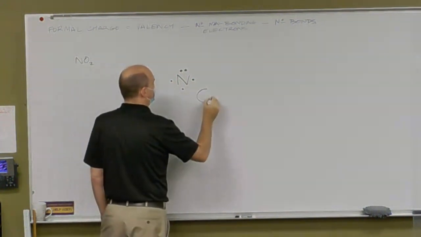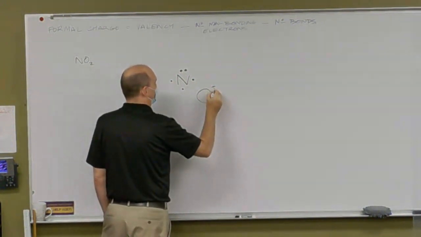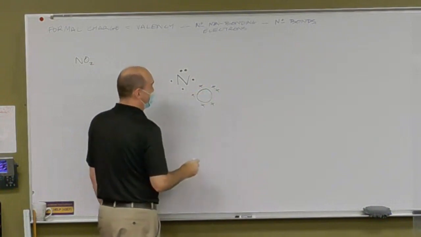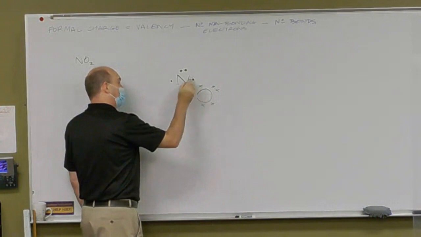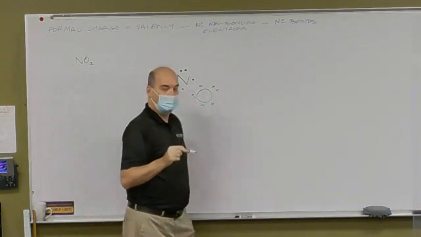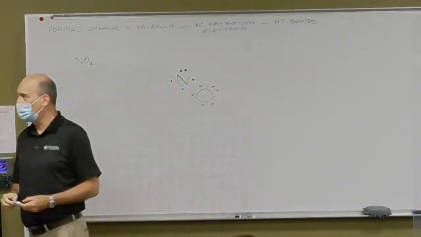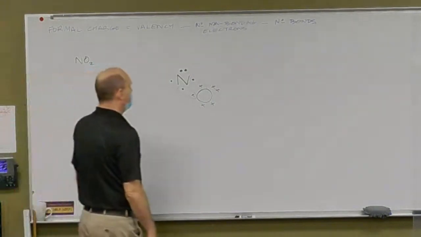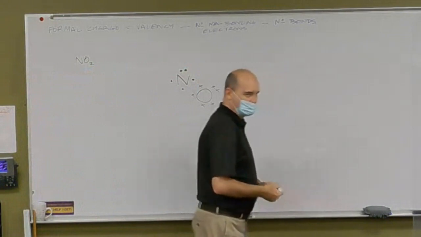Oxygen has 1, 2, 3, 4, 5, 6 electrons. So right off the bat, we can see that if we make a double bond between one of the oxygens and the nitrogen, then that oxygen gets to have 8 electrons. So that seems like a good thing to do.